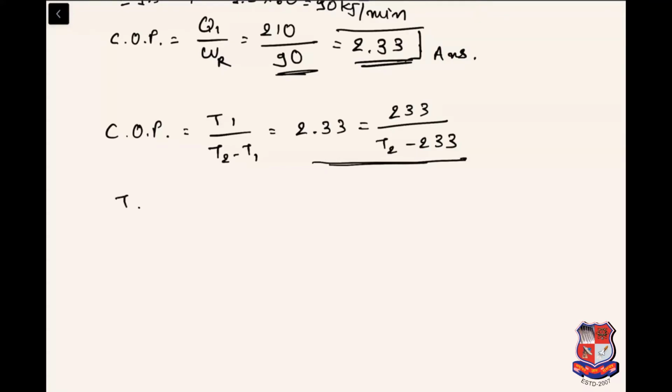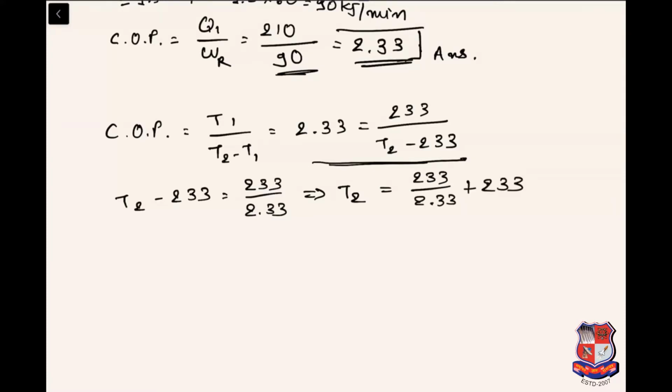So T2 minus 233 is equal to 233 divided by 2.33, or T2 is equal to 233 divided by 2.33 plus 233.